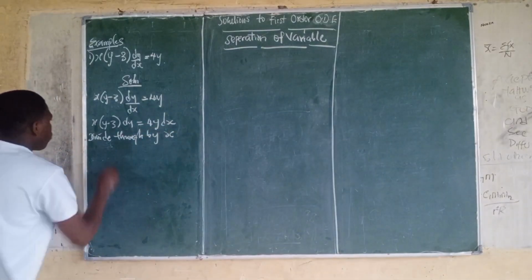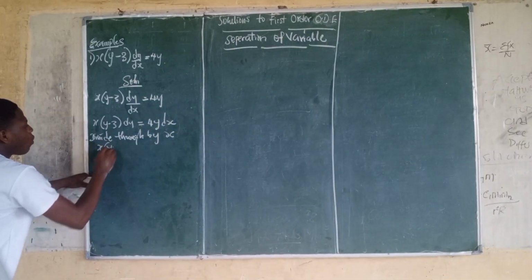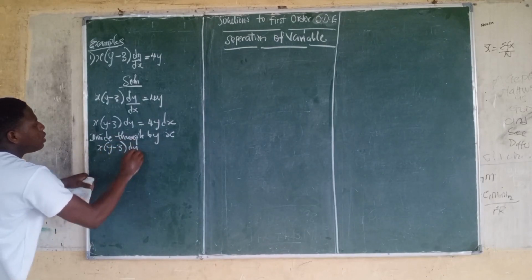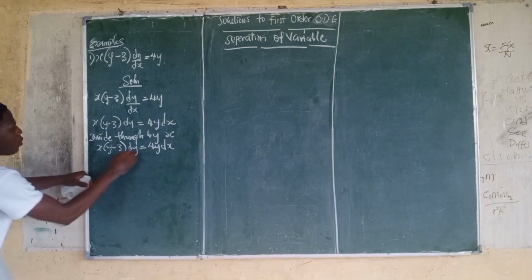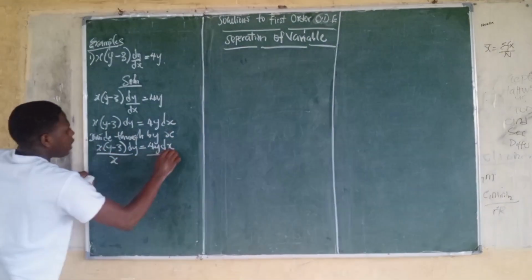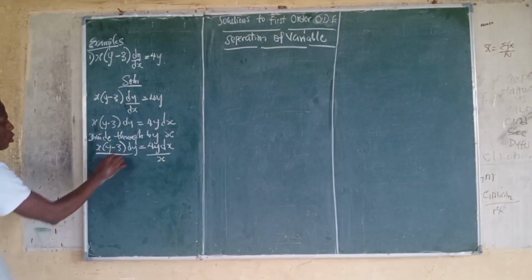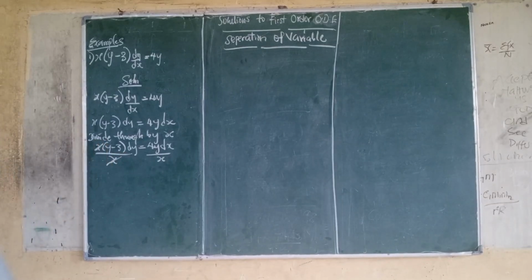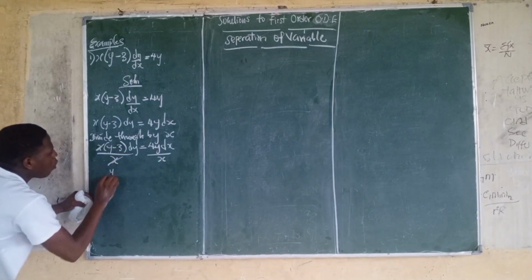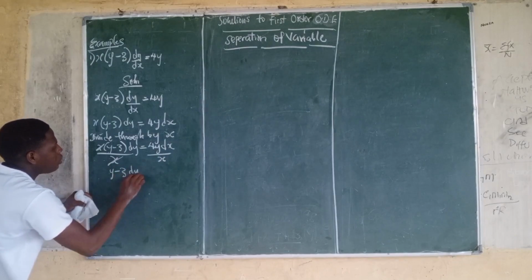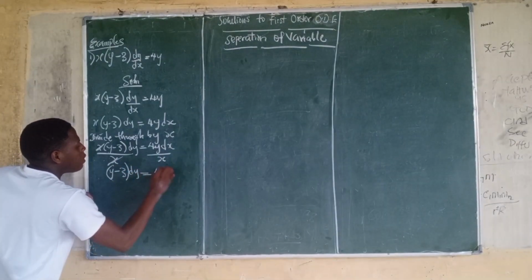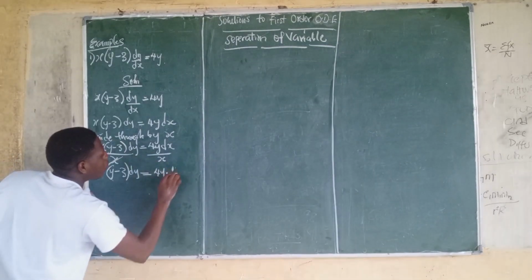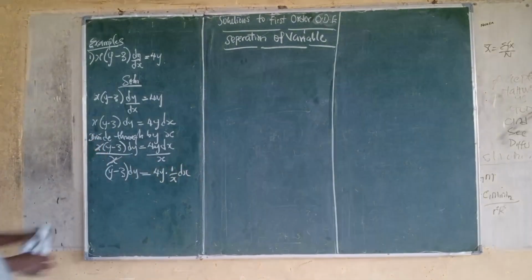Now if you do that, we have x(y - 3) dy = 4y dx, and we are dividing by x, so this x removes that x. You are left with (y - 3) dy = 4y multiplied by 1/x dx.